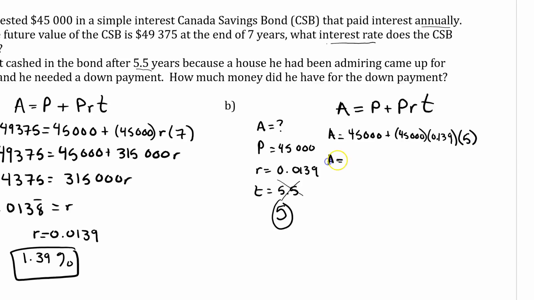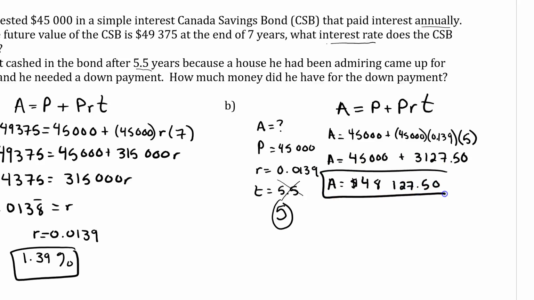So we get our A equaling 45,000 plus 3,127.50. So then we get a future value of 48,127.50. So he will only collect interest on it for 5 years because it's paid out annually, and this is how much he would have for the down payment.